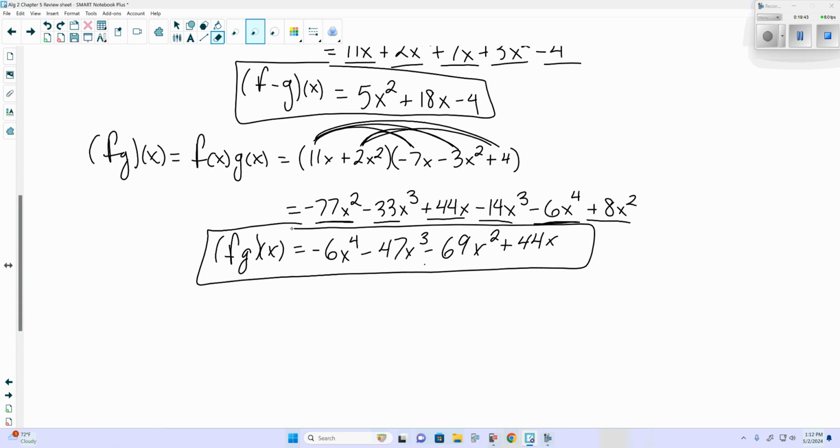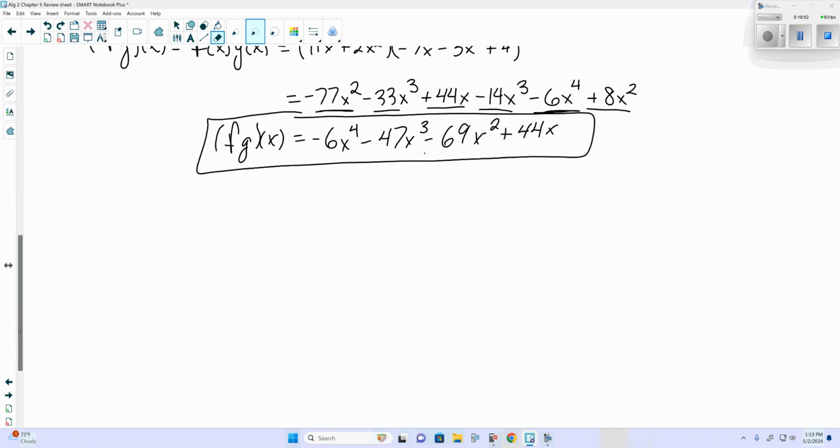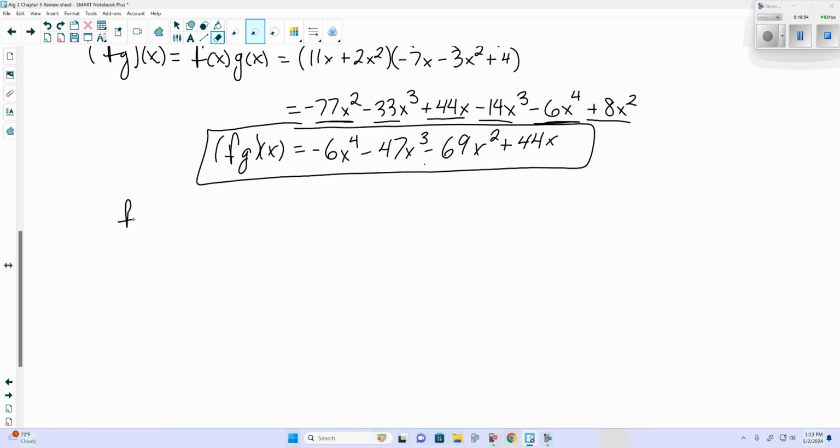Questions on addition, subtraction, or multiplication before we look at division? So the last thing we have is division. F divided by g of x. f divided by g of x is the same as f of x divided by g of x.